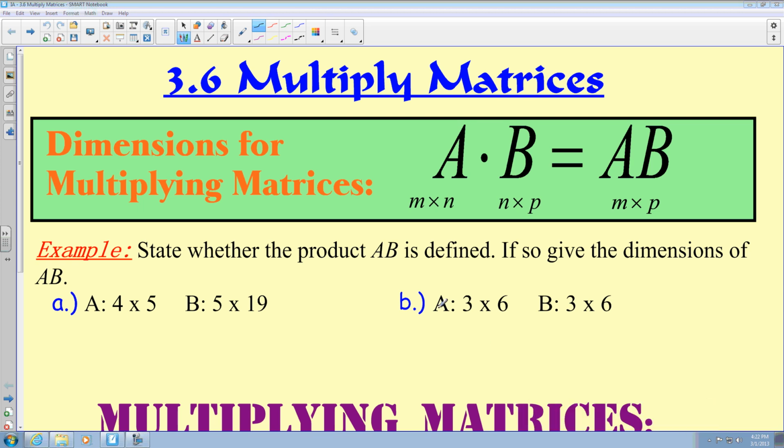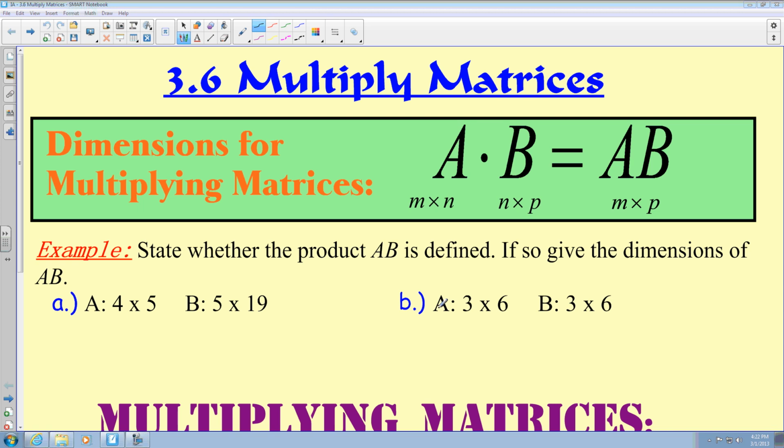So if you have a 3 by 2 matrix and you're going to add another one, it would have to be a 3 by 2 matrix in order for that operation to work. Well, it's a little different when it comes to multiplying matrices.